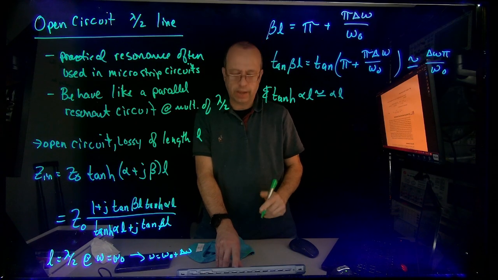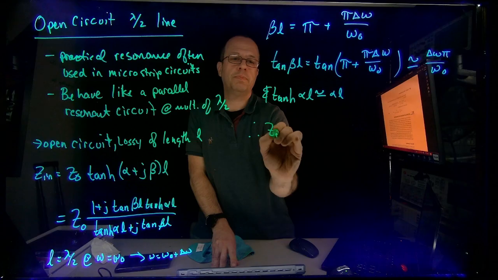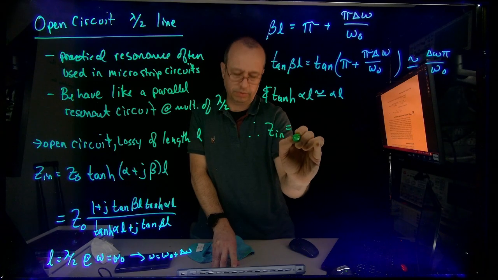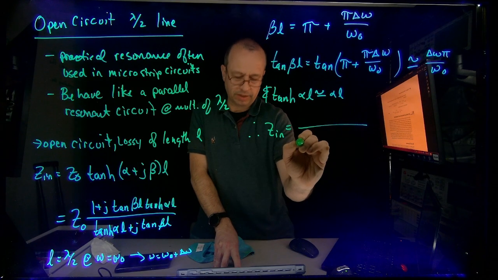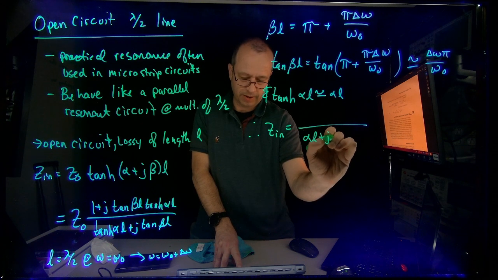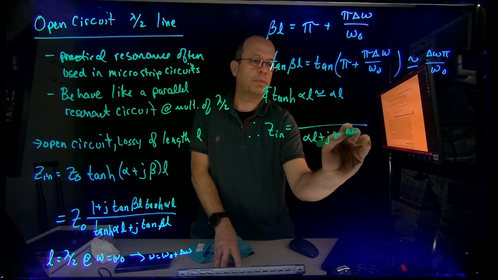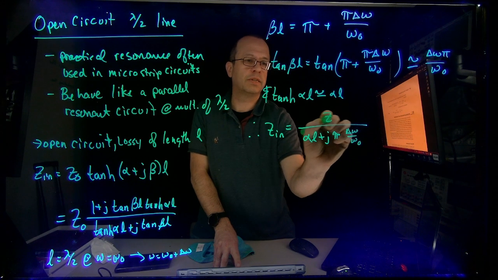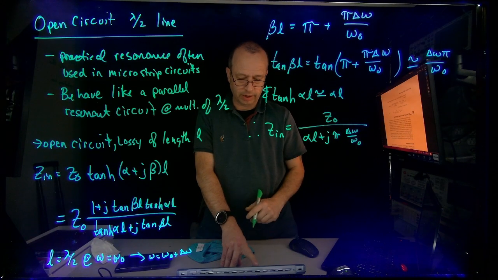And therefore now our input impedance is equal to this. I'm going to write the denominator first, alpha L plus j pi delta omega over omega naught, and this is my characteristic impedance Z naught in the numerator.